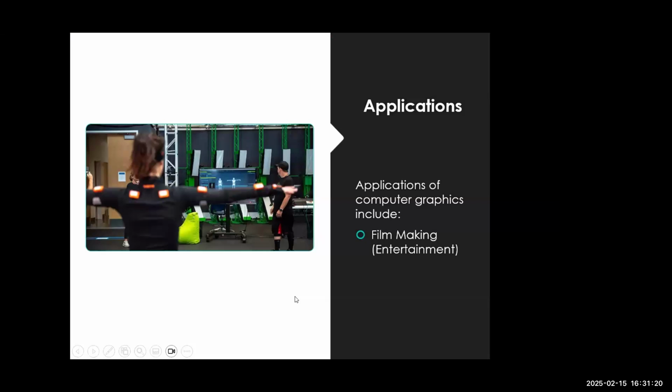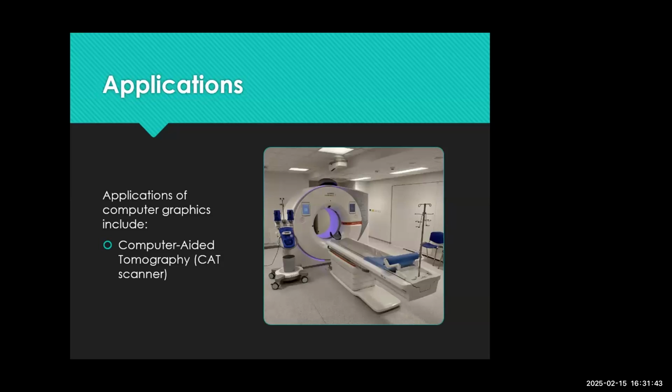And how about the applications of computer graphics? Perhaps you see that filmmaking a lot of the time uses computer graphics to generate a lot of pictures and put them into the film. So this is one of the major applications. Another one is the CT scan.